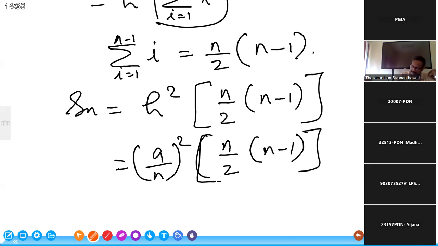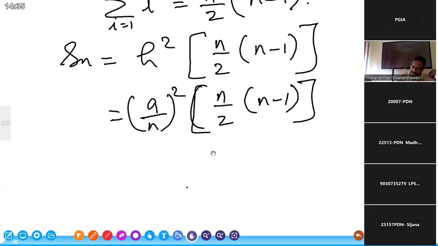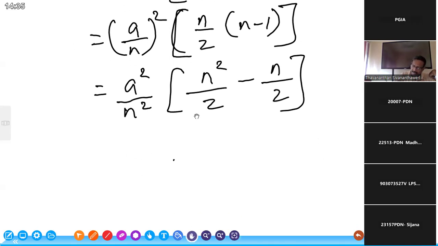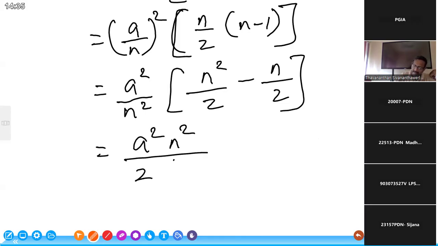Right? Then we can expand this further. Right? A square by n square into n square by 2 minus n by 2. If you further solve it, a square n square divided by 2n square minus a square n by 2n square.